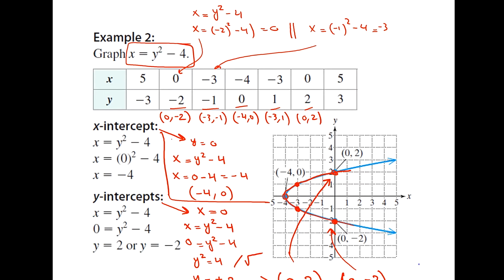Y-intercept means the intersection point between the curve and the y-axis. And this point is the intersection between the curve and the x-axis. Always the y-intercept is on the y-axis, always the x-intercept is on the x-axis. Okay?